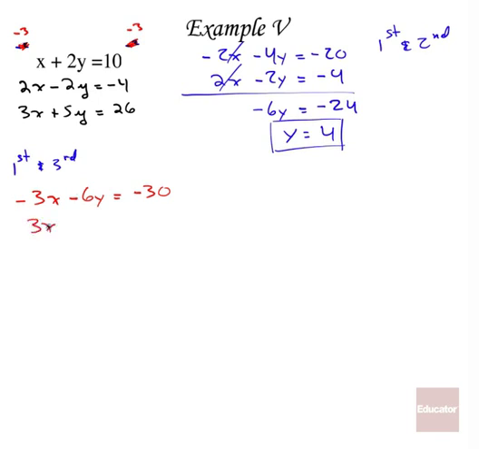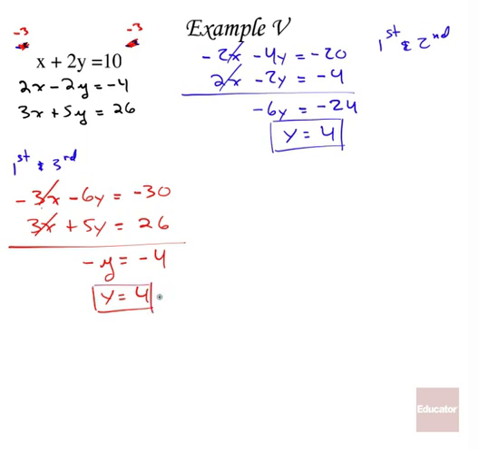And I have 3x plus 5y equals 26. Now let's go ahead and do that. The 3x's cancel. Minus 6y plus 5y is a minus y. And minus 30 plus 26 is a minus 4. Divide by negative 1, so we get y equals 4.